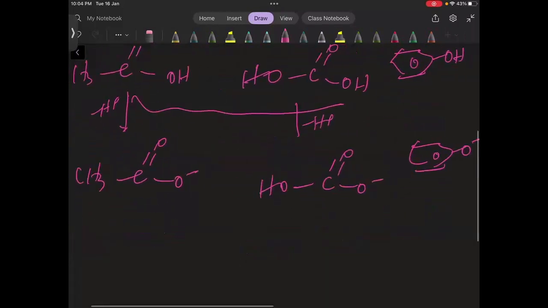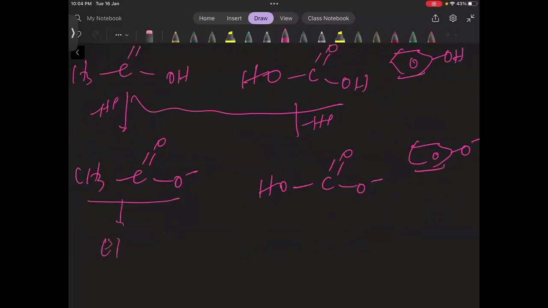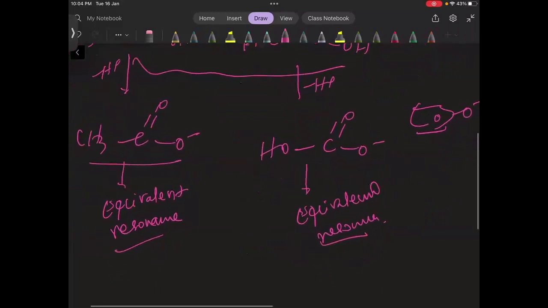Now see here, in this compound there is more delocalization of negative charge, that means equivalent resonance, correct? Equivalent resonance is there, and here also equivalent resonance is there. So in both compounds there is equivalent resonance.